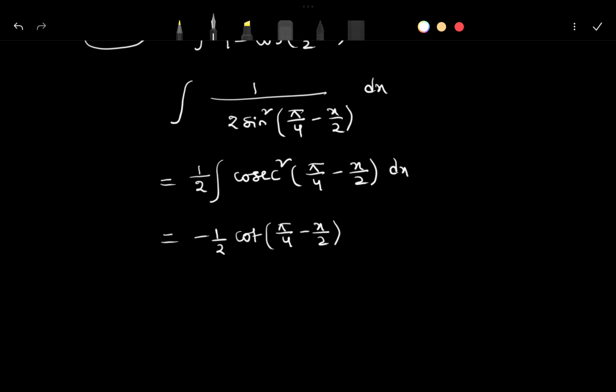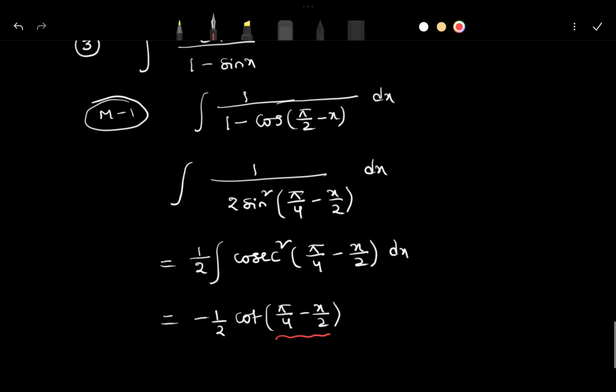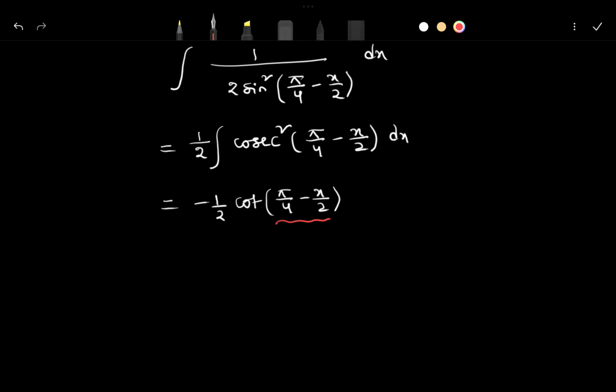But here you see the inside value is pi by 4 minus x by 2. So this is the integration of cosecant square of something, which gives minus cot of something. So what about the remaining part? After this you have to divide by the derivative of this internal function. What is the derivative of pi by 4 minus x by 2?